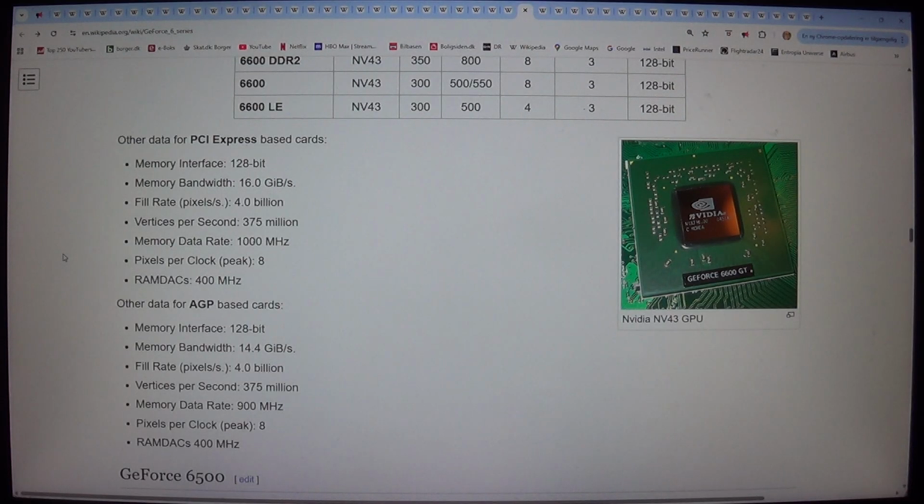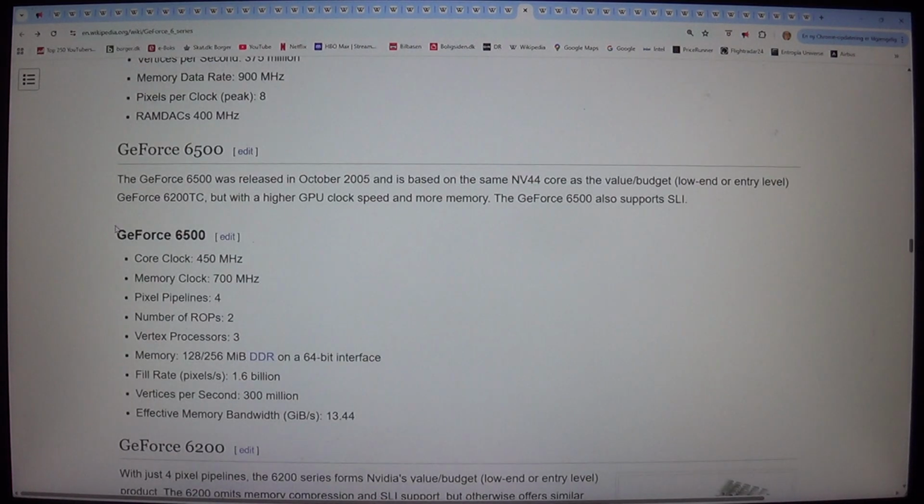GeForce 6500. 1. Core clock, 450 MHz. 2. Memory clock, 700 MHz. 3. Pixel pipelines, 4. 4. Number of ROPs, 2. 5. Vertex processors, 3. 6.